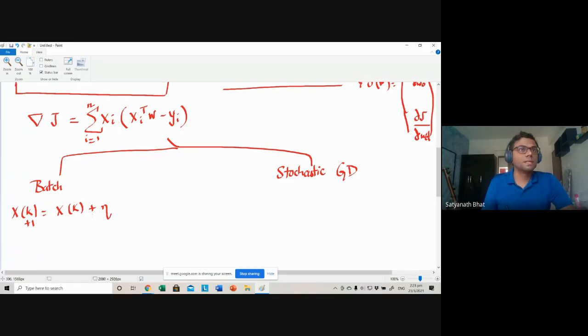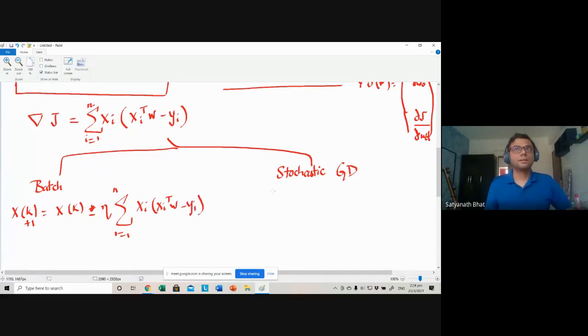But you want to minimize the loss function, so you cannot take plus, you have to take negative. The gradient increases, so you have to go in the direction opposite to the gradient. You collect all the samples, take the entire gradient, and then make a step.